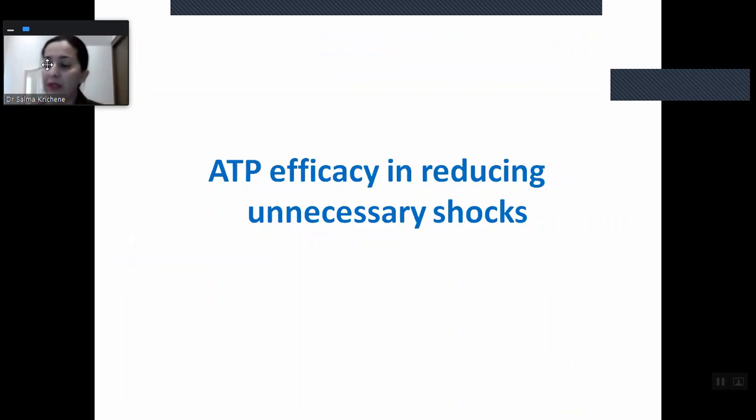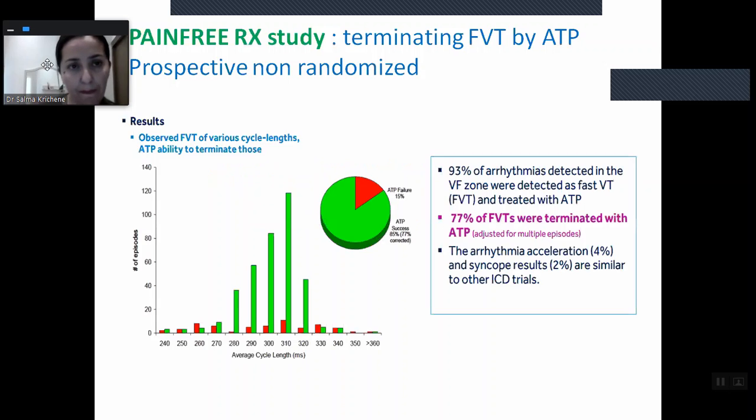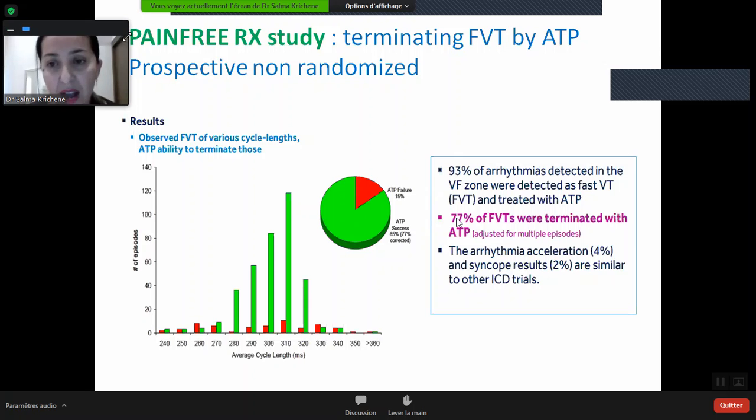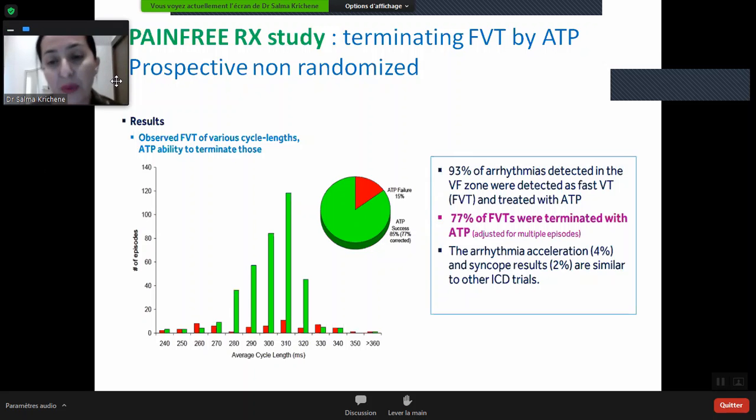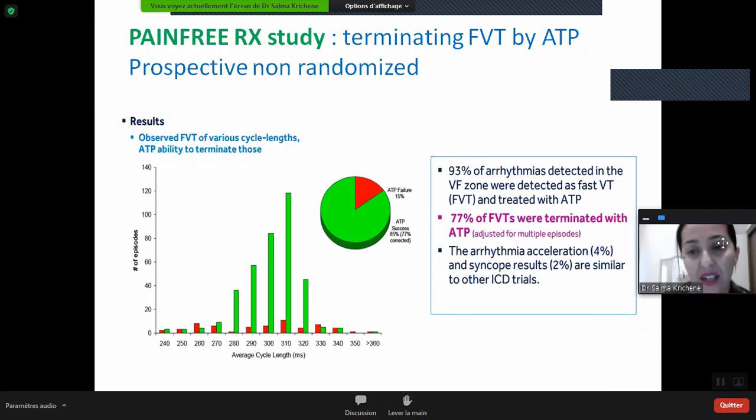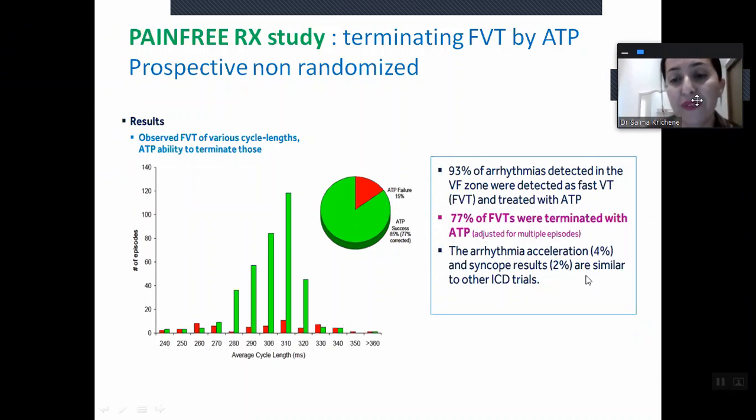For ATP, how can ATP reduce unnecessary shocks? This prospective, non-randomized study showed that 77% of fast ventricular tachycardia were terminated with ATP and without an increased rate of arrhythmia acceleration or rate of syncope.